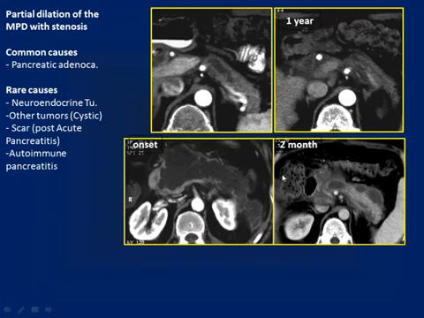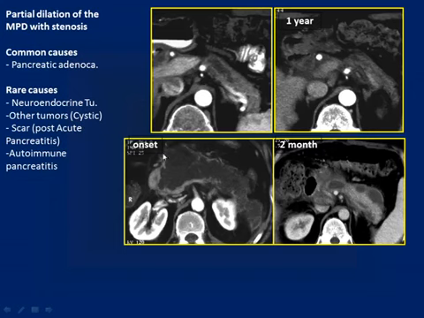Rare causes, but it has to be remembered, of dilation of the main pancreatic duct can occur following acute pancreatitis, acute necrotic pancreatitis. If we see this stenosis the first time, it may be difficult to characterize this type of stenosis, but the clinical history, especially previous imaging, will explain the reason for this stenosis.